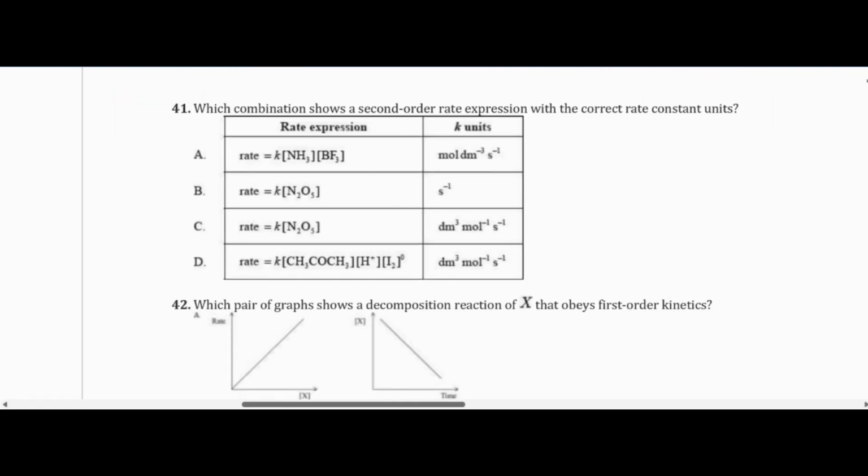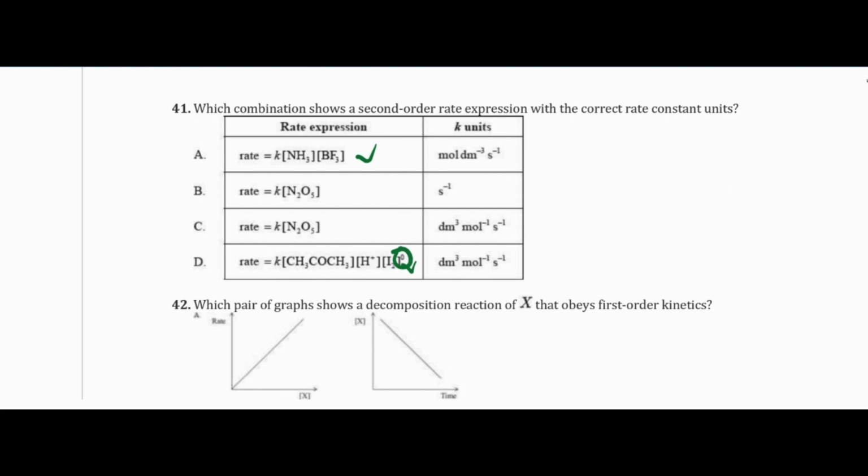41. Which combination shows a second order rate expression with the correct rate constant units? So that's second order. That's also second order because we're told the iodine is 0.